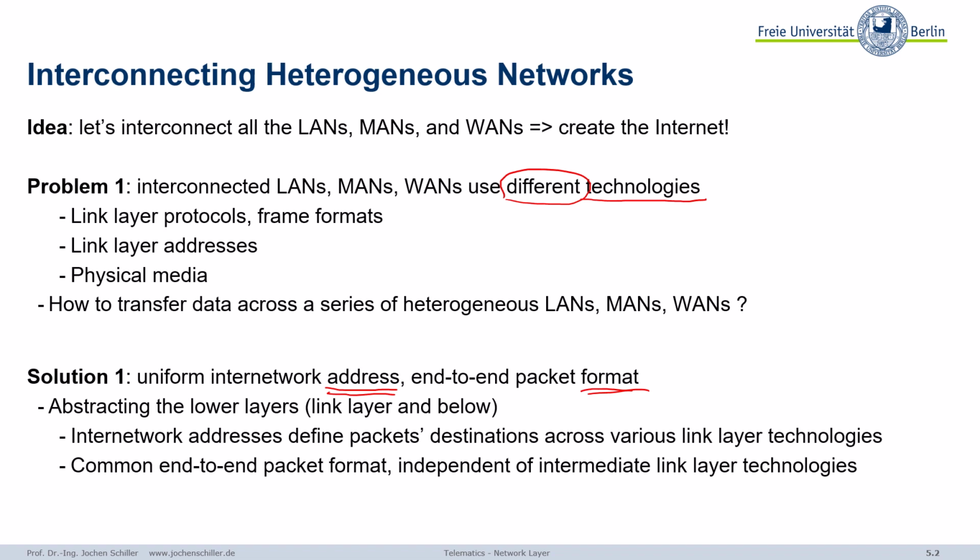Our packets, now we really call them packets, not frames anymore, have a certain address. And this address really defines the destination of the packet across all the technologies. So we have a common end-to-end packet format, and we are independent. Okay, great. So one address for worldwide reachability, one packet format.